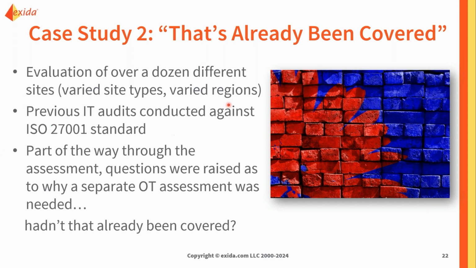And really thinking about this idea of coverage, it's not necessarily a clear definition where OT is blue and IT is red, and we have this nice clear line down the middle where we know what's on the IT side and what's on the OT side. There is overlap, and as we see this convergence, there becomes more overlap, and it's a little bit messy to know exactly what's on each side.